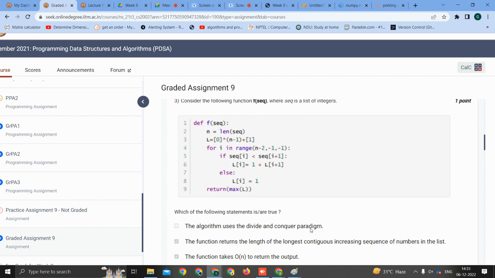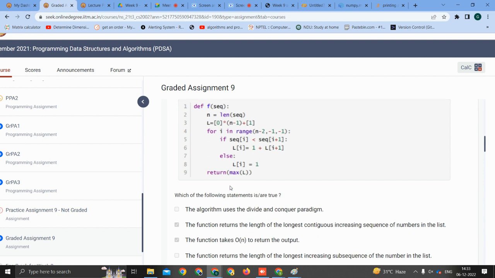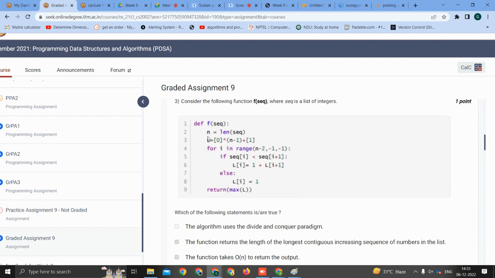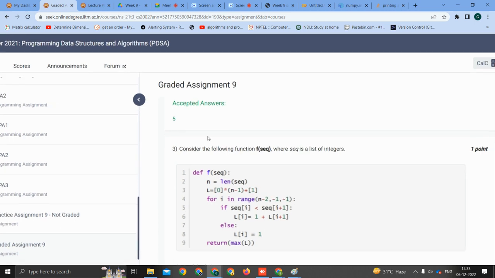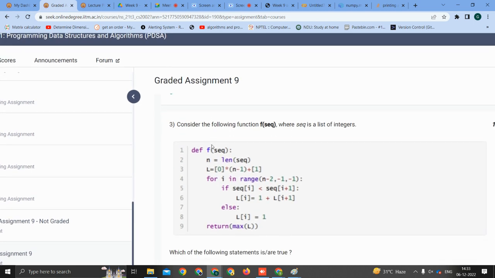When it divides into two different parts. Correct. When it splits the list into two different parts and gets the solution. Here we are not splitting it at any point. Okay, fine. So let's first understand this function. What is this function doing?